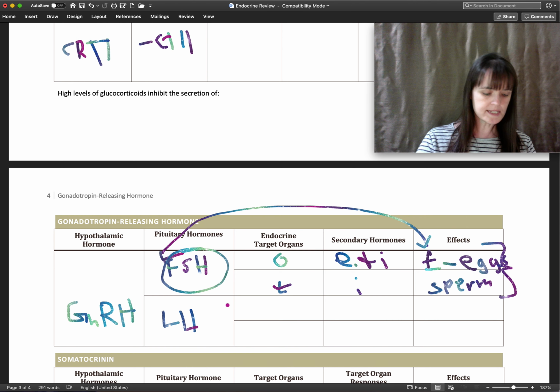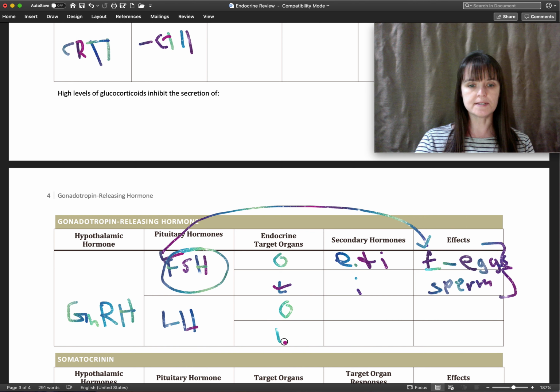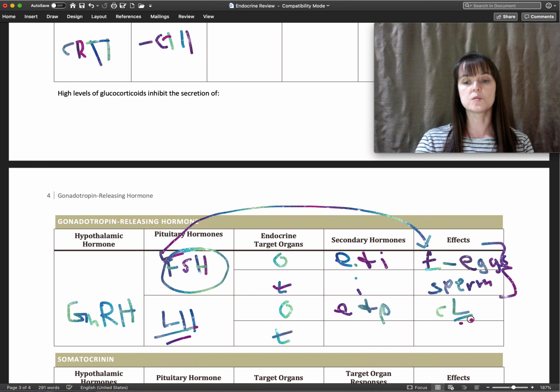The luteinizing hormone at the ovaries makes estrogens and progestins and the corpus luteum. So the luteinizing hormone makes the corpus luteum. And the function of the corpus luteum is to pump out the hormones to maintain any possible pregnancy.